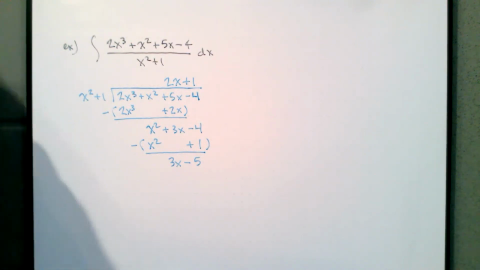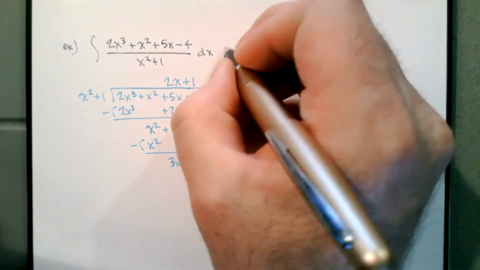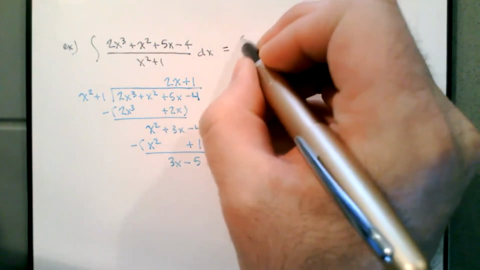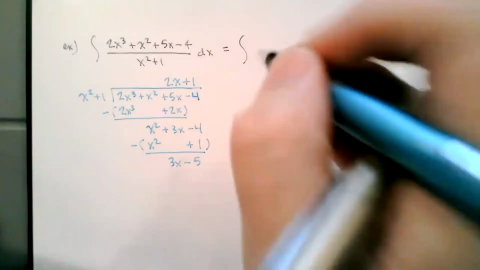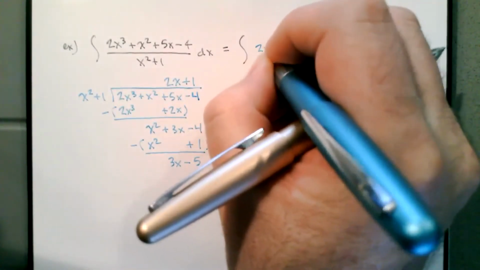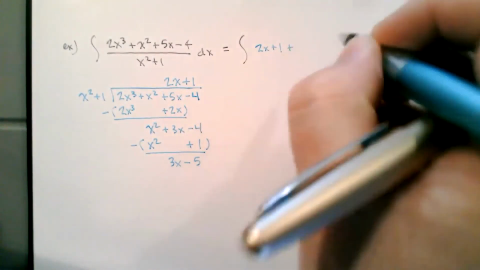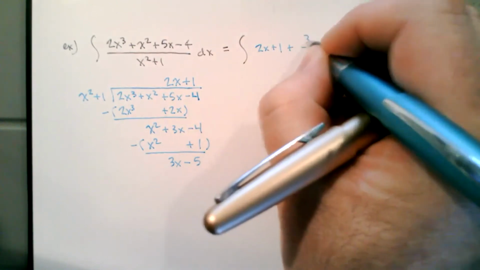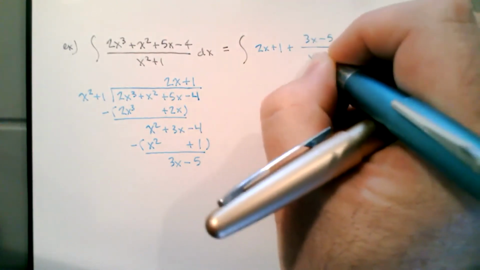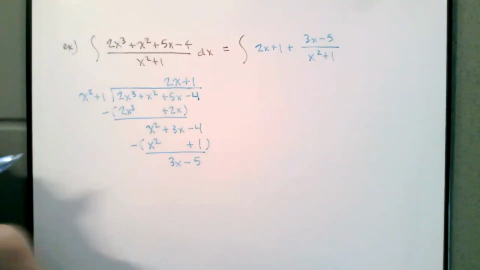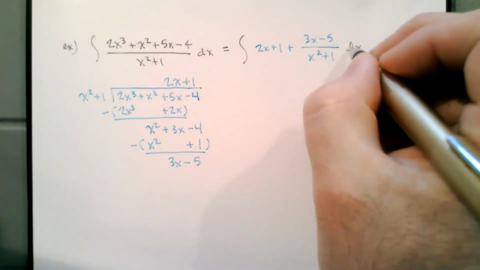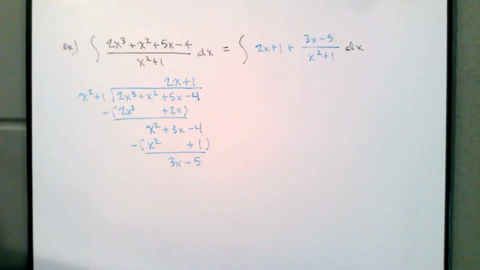So instead of integrating my original rational function, I'm going to integrate 2x plus 1 plus the fraction 3x minus 5 over x squared plus 1. Sorry, Professor, I have a quick question. Why is it plus 1?